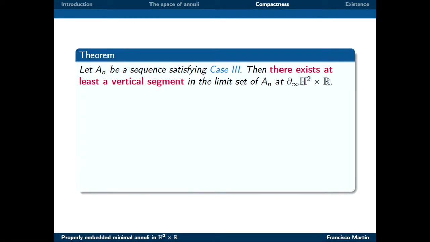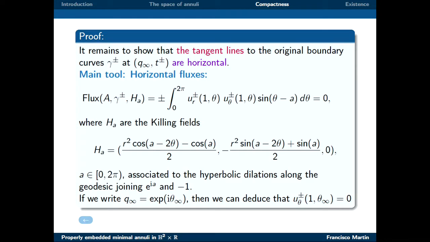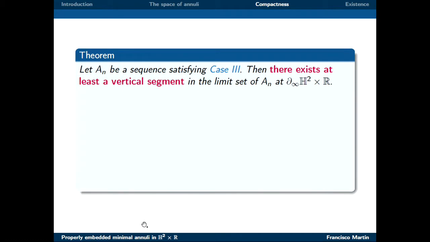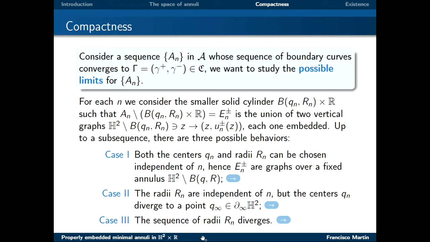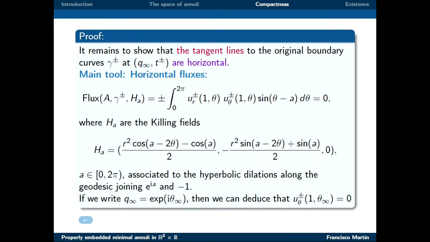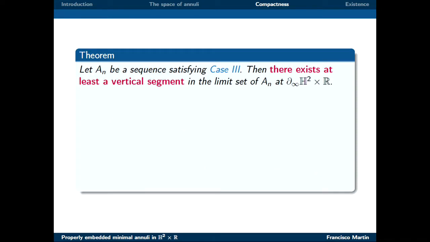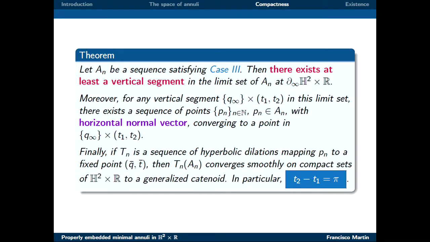Well, I'm going to skip this part. Okay, so finally, what happens in the final case, in case 3? The limit in case 3 is when the radius of the cylinder diverges to infinity.